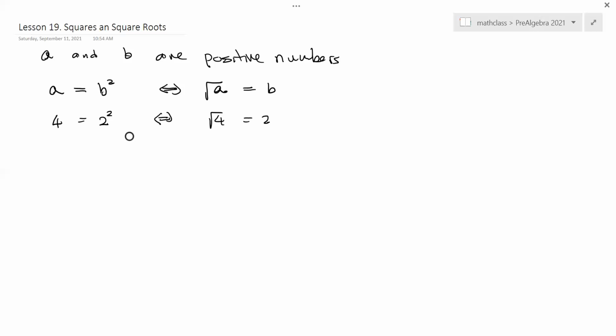Of course, square root has another notation: square root of a is also written a to the 1/2. That's another notation we're not going to talk about. The square root is the traditional notation. So that's the relationship.